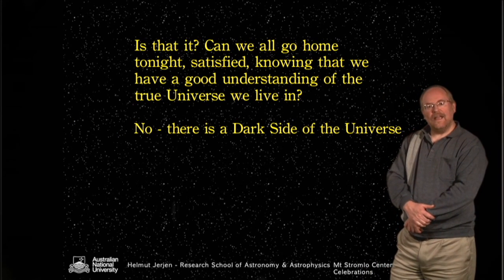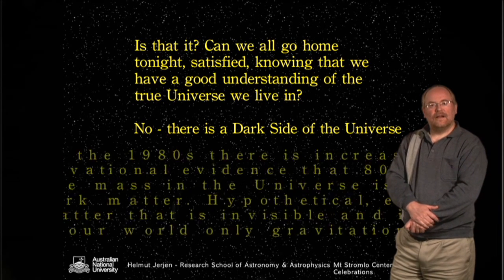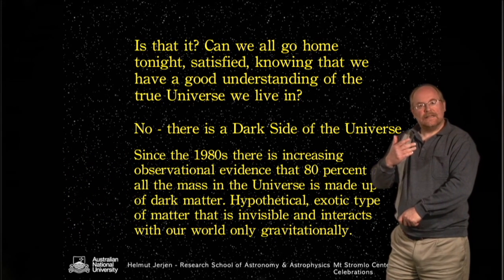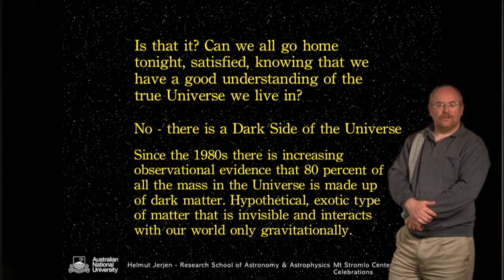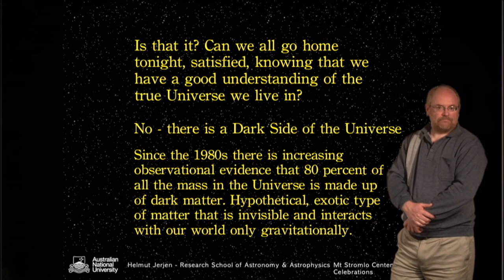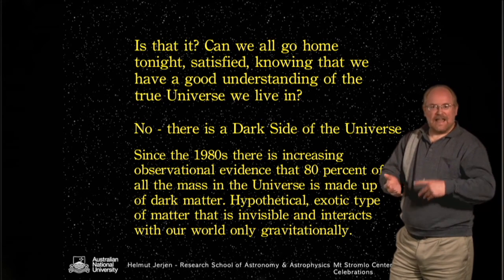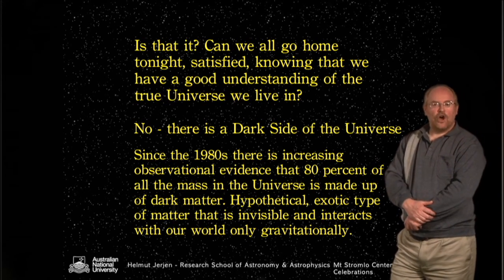Since about the 1980s, there is increasing observational evidence that about 80% of all the mass in the universe is made out of dark matter. And this is not dark matter like black holes or neutron stars or planets.